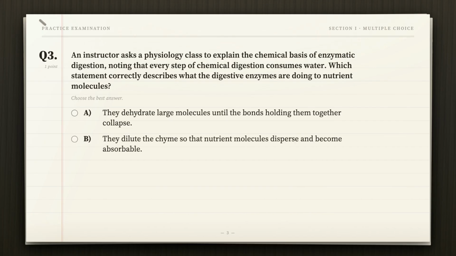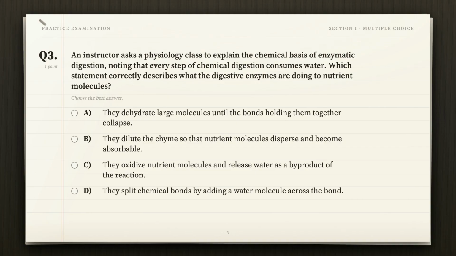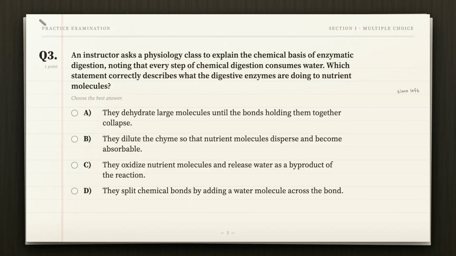B. They dilute the chyme so that nutrient molecules disperse and become absorbable. C. They oxidize nutrient molecules and release water as a byproduct of the reaction. D. They split chemical bonds by adding a water molecule across the bond. Before I reveal it, which one do you think is right?